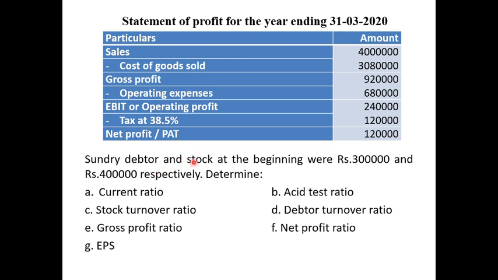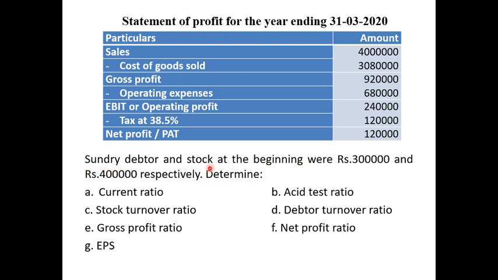Sundry debtors and stock at the beginning were rupees 3 lakh and 4 lakh respectively. In the previous problem, opening debtors was not given, but in this problem, opening debtors and also opening stock are given.